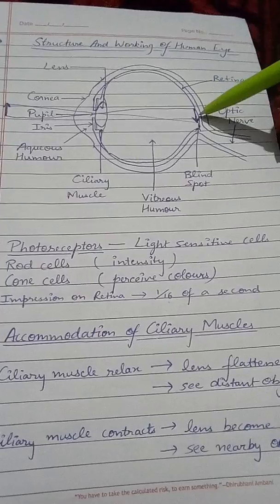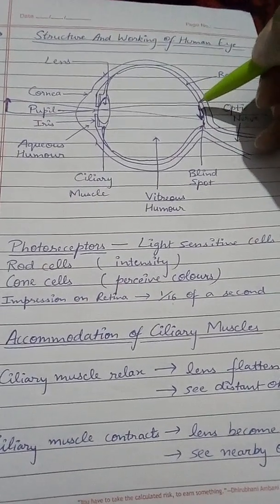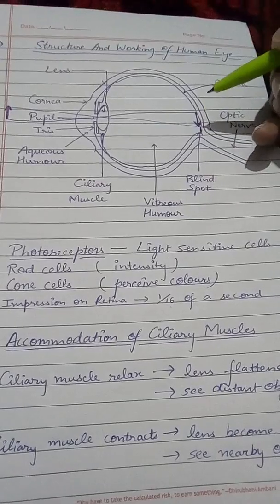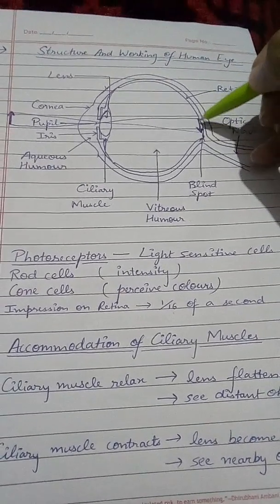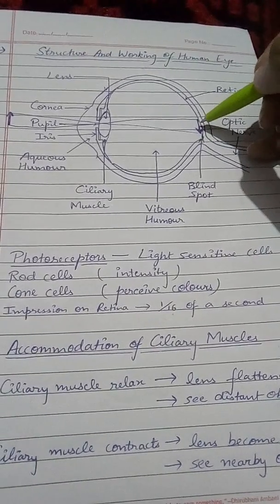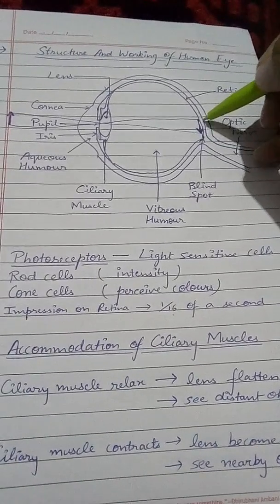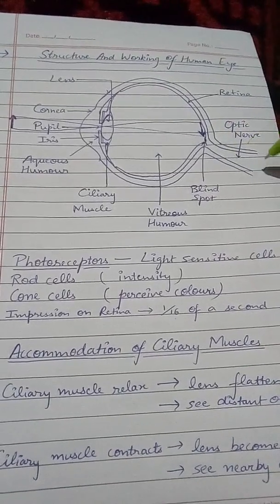This is the retina. We can say that the image formed is real and inverted. When this image is formed on the retina, the optic nerves collect this signal, convert it into an electrical signal, and give the signal to the brain.